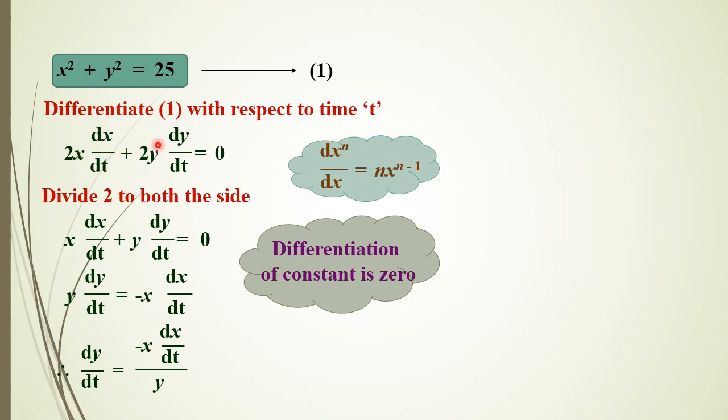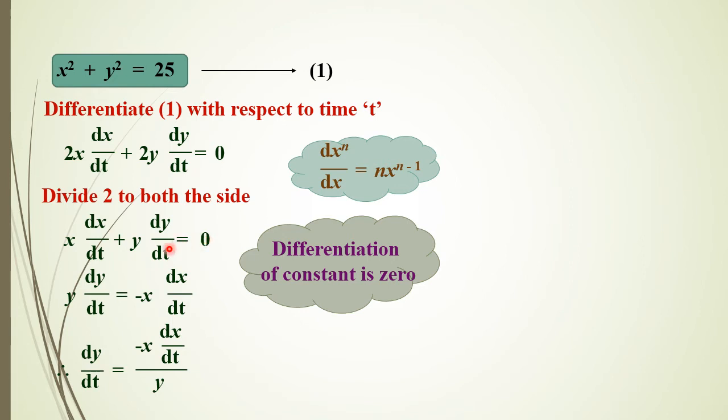Then the differentiation of y square is 2y into dy divided by dt, equal to the differentiation of 25, which is 0 because it is a constant term. The differentiation of a constant term is always 0. So 2 is common in both terms; take it out and divide by it. Therefore x dx divided by dt plus y dy divided by dt equal to 0 remains.